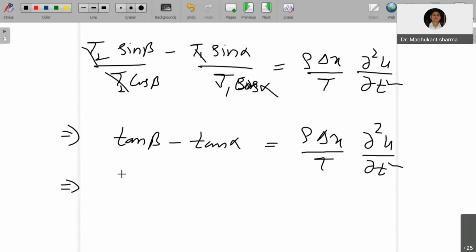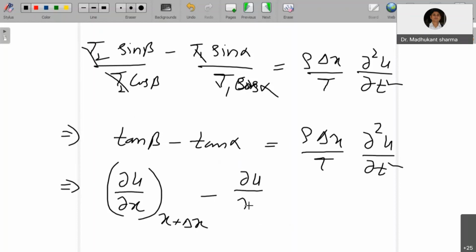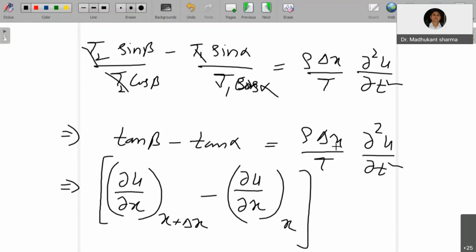So it's going to be ∂u/∂x at x plus delta x, where beta is the angle made at the point Q, minus ∂u/∂x at the point P, which is x. Now I will send this delta x to the left side. This equals rho by T times ∂²u/∂t².